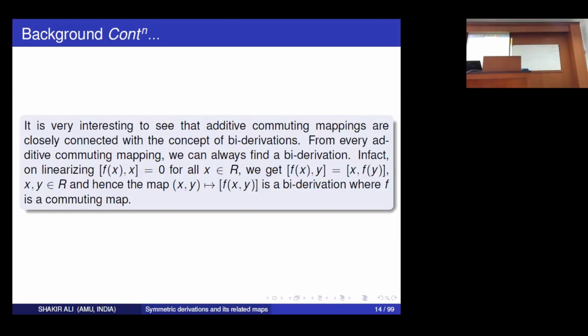So a map of this type looks like a bi-derivation.